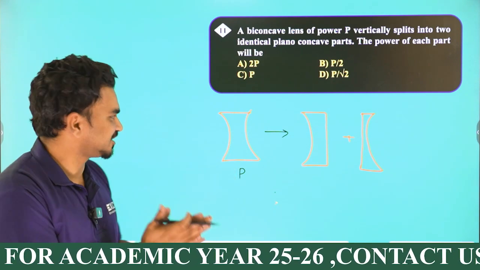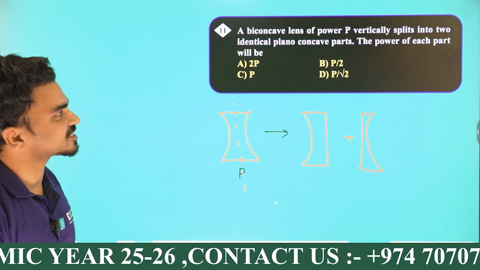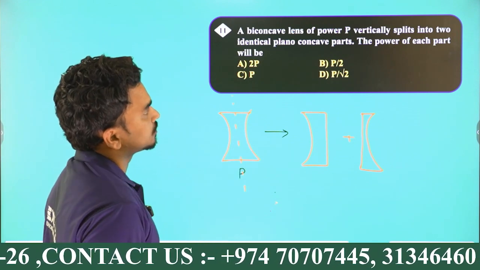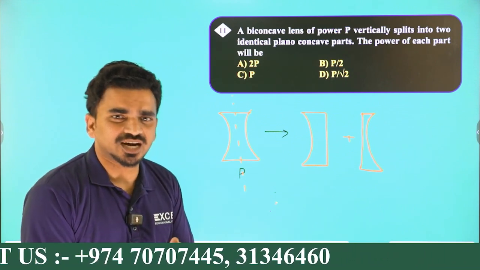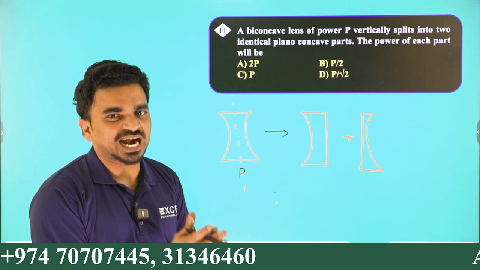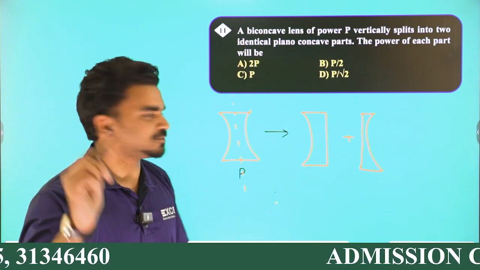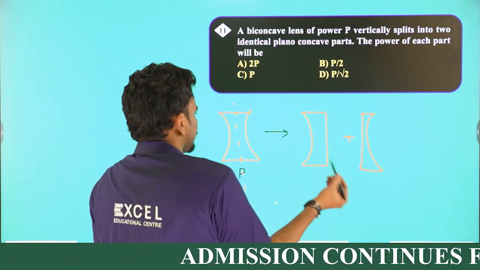Split this way. Then the question is asking, what will be the power of each part? Are they split unequally or identical? Identical, same. Both pieces are the same piece only.